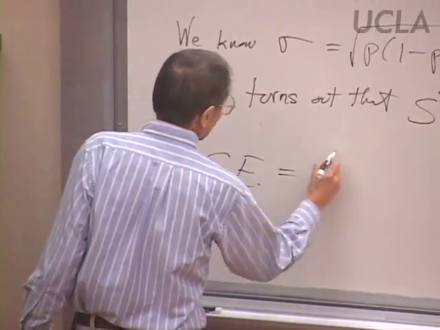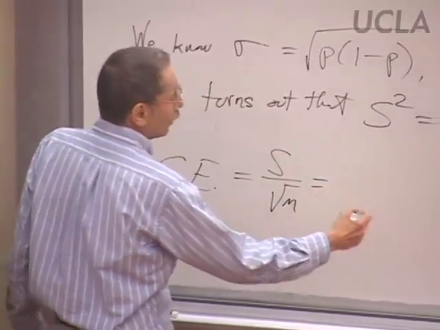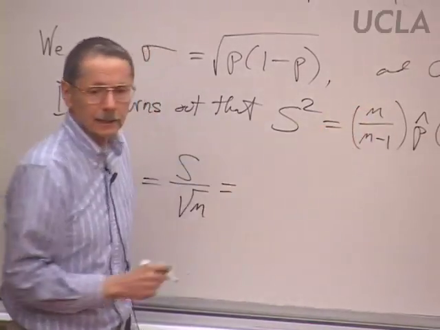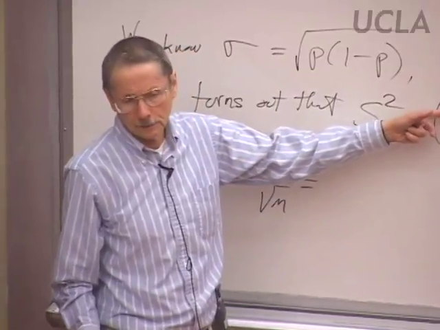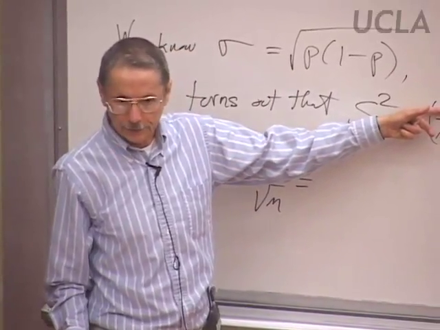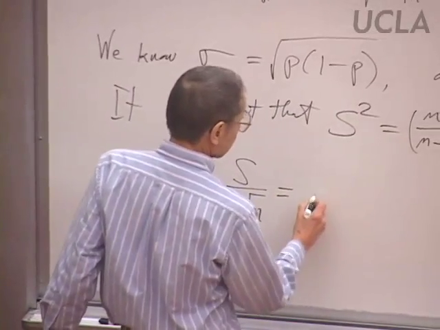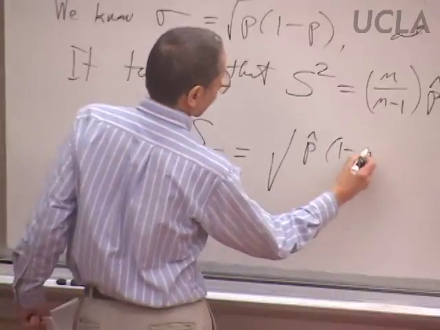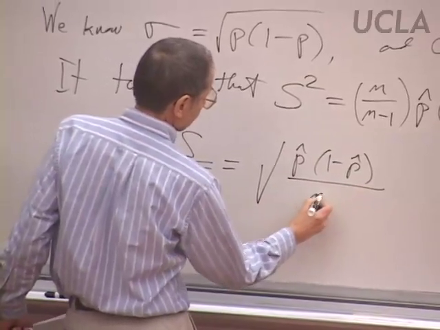The standard error is s divided by the square root of n. Okay, so we take the square root of the right-hand side here and divide by the square root of n. Well, that's going to cancel the square root of n that we get in the numerator. So after those things cancel, we get the square root of that divided by the square root of n minus 1.